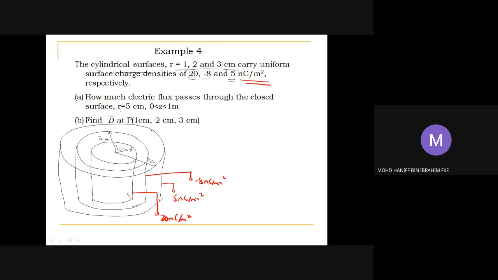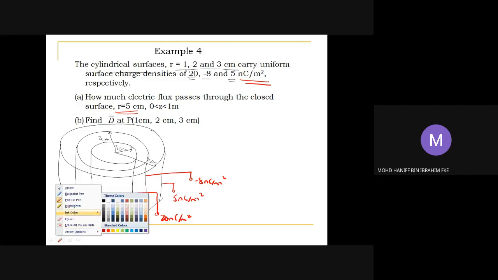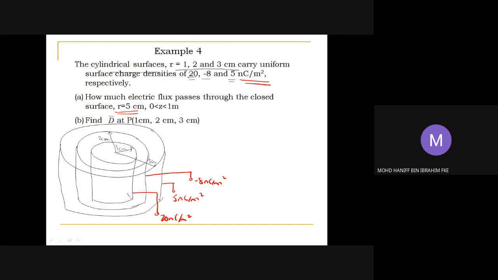Okay, 5 cm radius, where should it be located? Because your radius is only up to 3 cm, the surface of interest here should be located outside your structure, yeah?